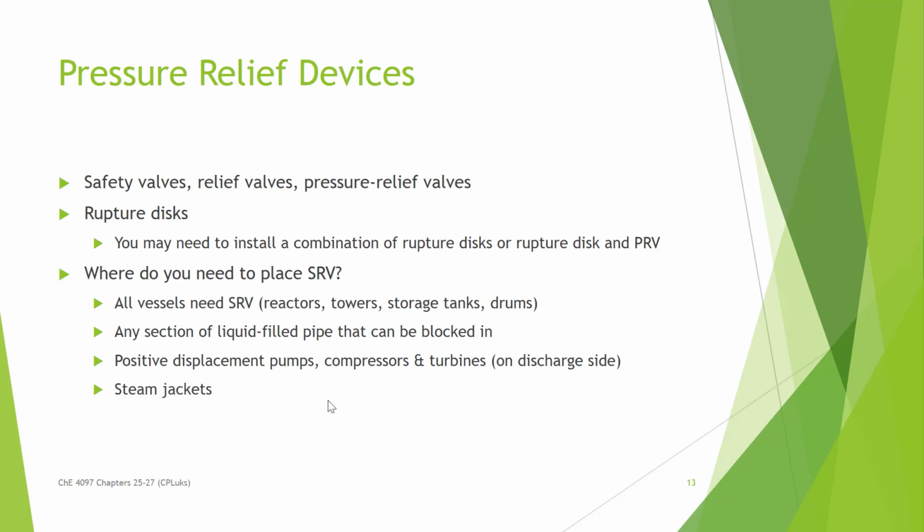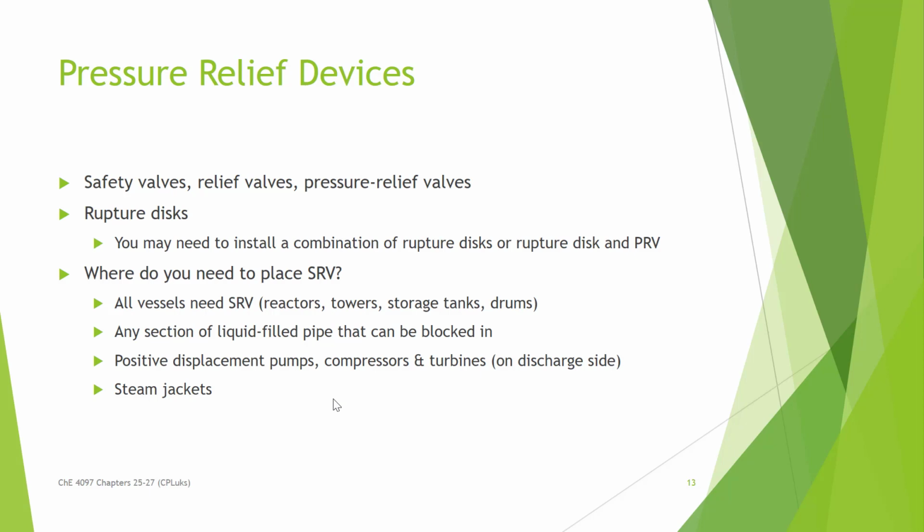And then we need to be sure that we're including pressure relief devices. There are safety valves and relief valves and pressure relief valves, and they're not quite the same thing. It depends on whether what you've got inside the vessel is going to leave as a liquid, or as a gas, or as a two-phase mixture. But for our purposes, we can call them all a safety relief valve.